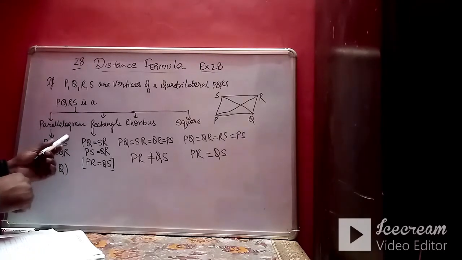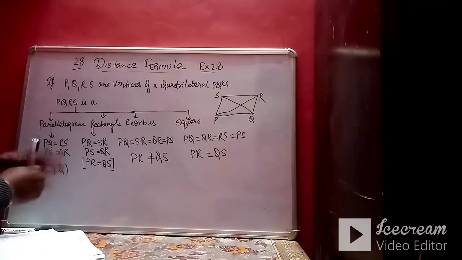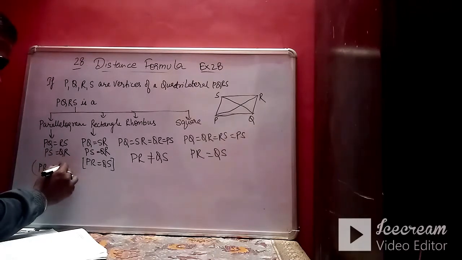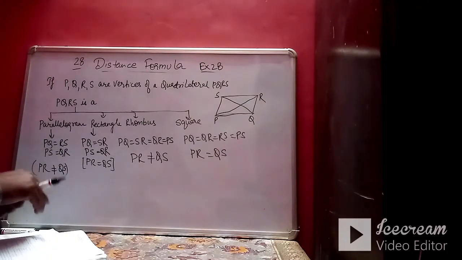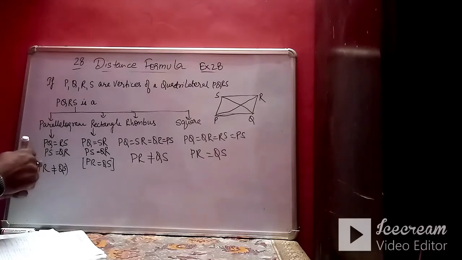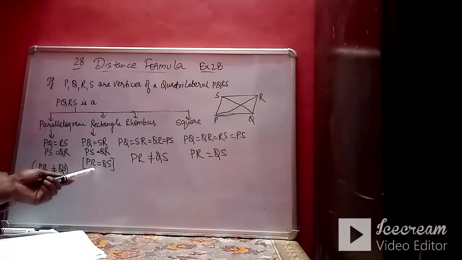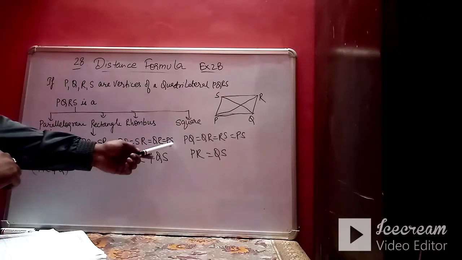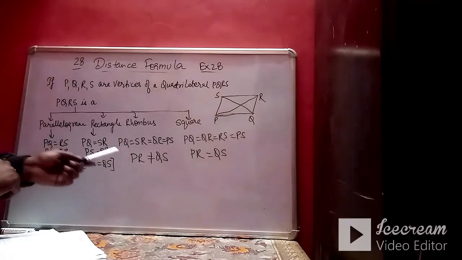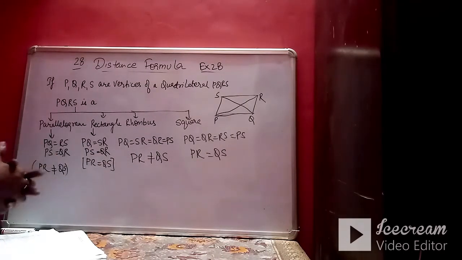If opposite sides are equal to each other and diagonals are not equal to each other, then those are the vertices of a parallelogram. If opposite sides are equal and diagonals are also equal, then they are the vertices of a rectangle. If all the sides are equal but diagonals are not equal, then they are the vertices of a rhombus.